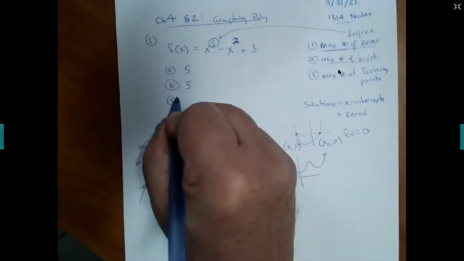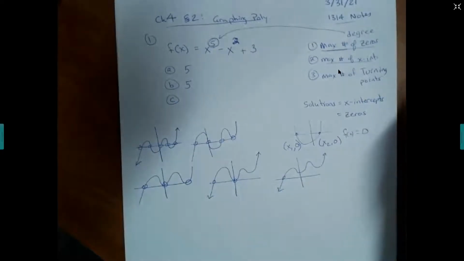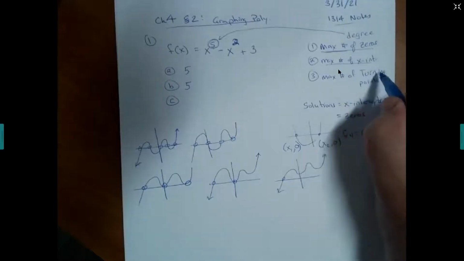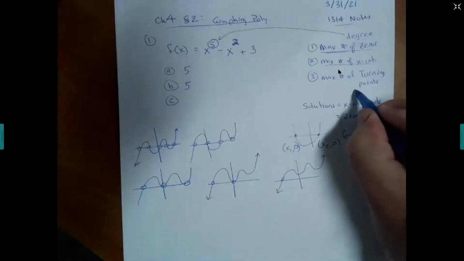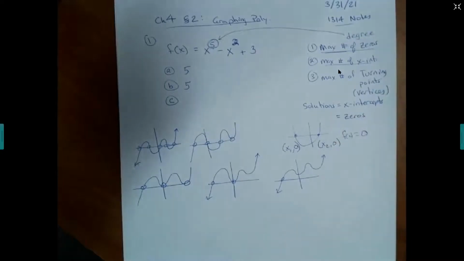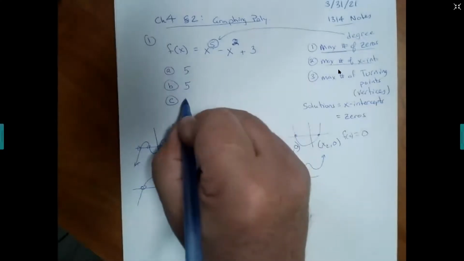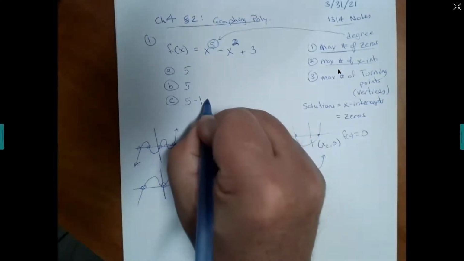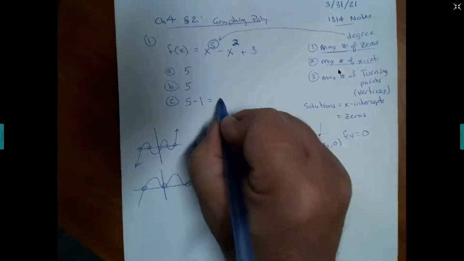And the maximum number of turning points, can you remember what that is? Turning points are the same things as vertices. It's always one less than the number of intercepts.